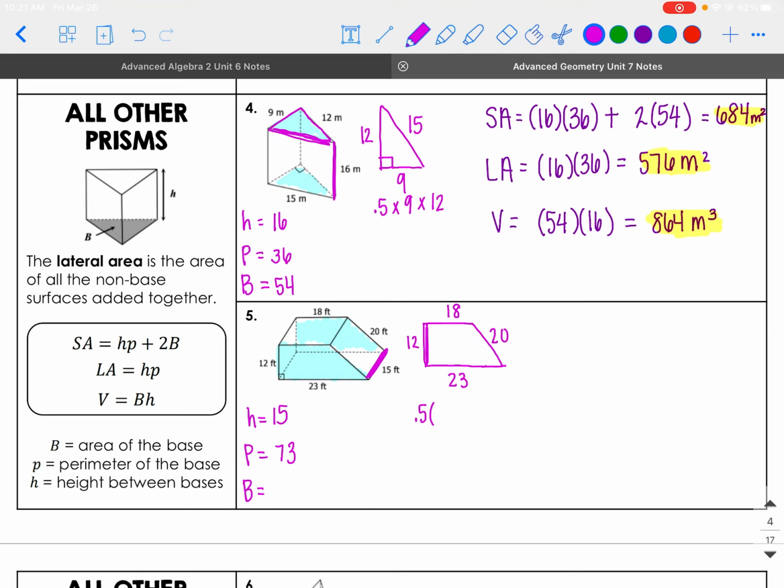Now when I use height in this, I'm not referring to my entire 3D figure. We're only referring to the height of the trapezoid, which is 12 times 23 plus 18. Which is 246.